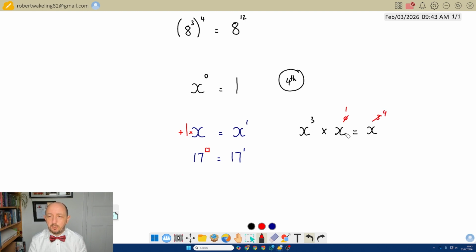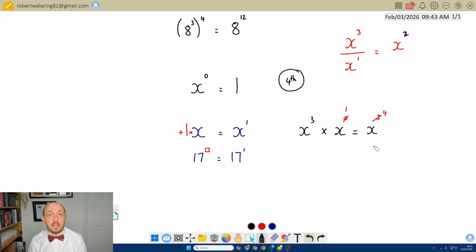So x cubed times x becomes x to the power of 4. And that's where a lot of students will get confused. We have x cubed divided by x. They will do x cubed because they know that to divide you have to subtract, but they think that there's a 0 in there when it's actually a 1, and that would become x squared.